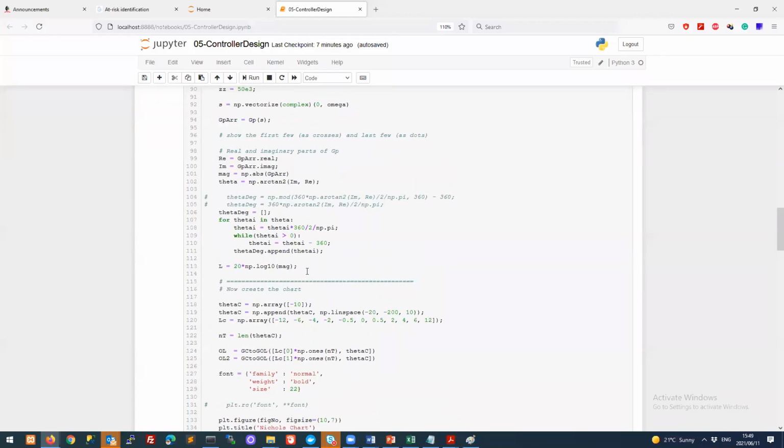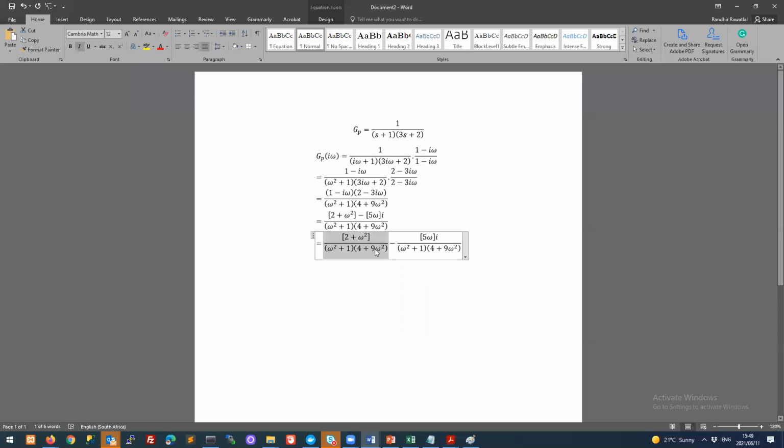You can just stick in different numbers for omega that gives you different real values, and then you can stick in different values for omega here that gives you different values for the imaginary part, and so you can sketch out your Nyquist diagram for G of i omega. So that's one graph you can produce quite easily.